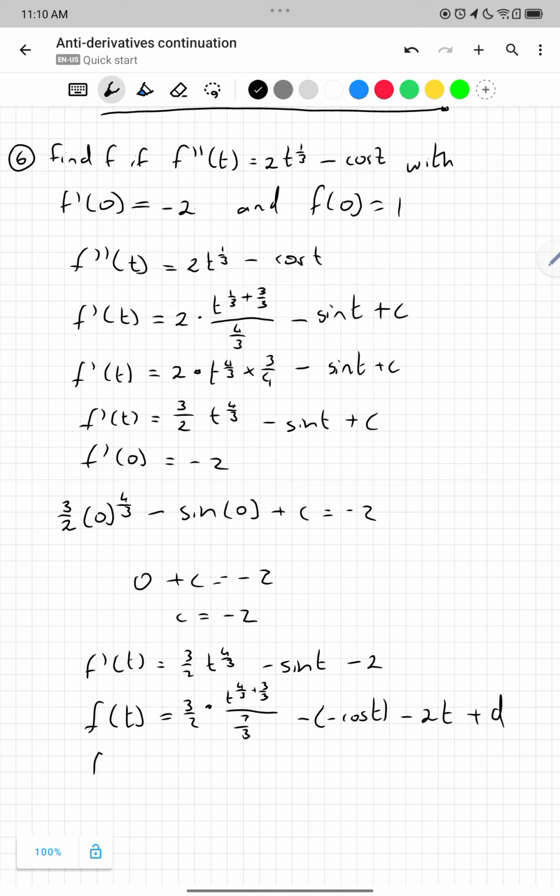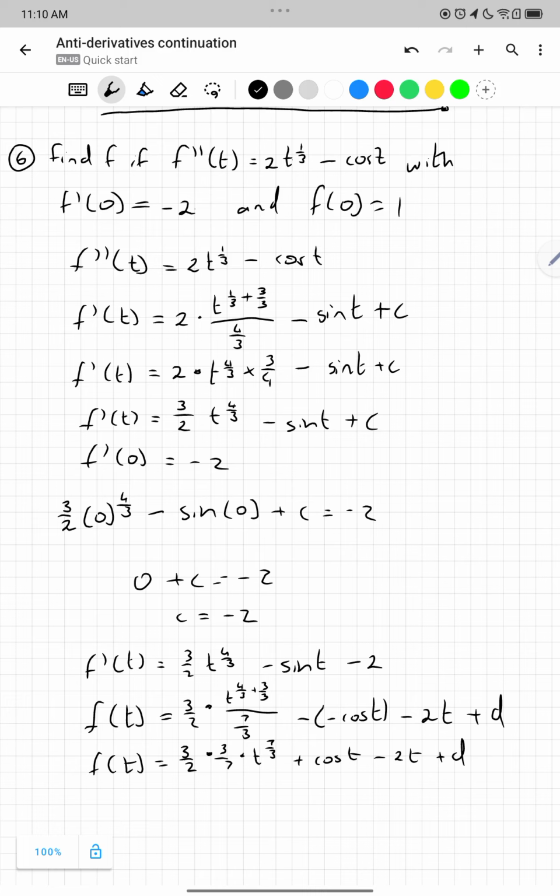So f of t will be equal to 3 over 2 divided by 7 over 3, so it's times 3 over 7 times t to the 7th over 3 plus cos t minus 2t plus d.